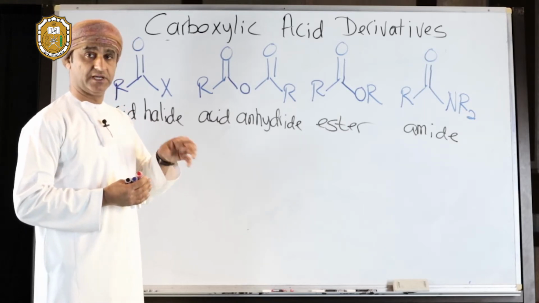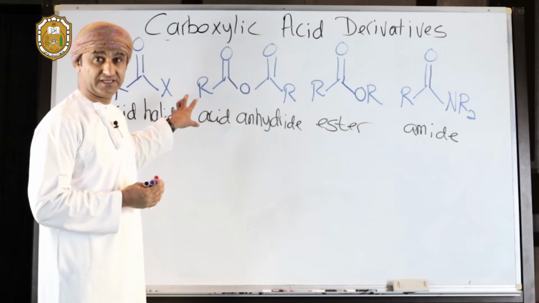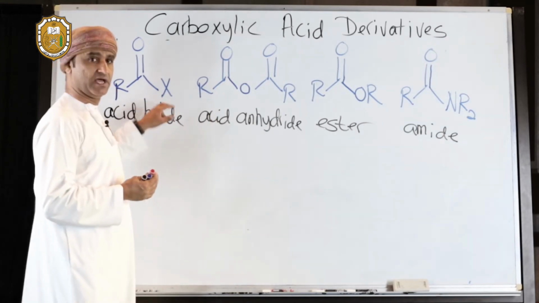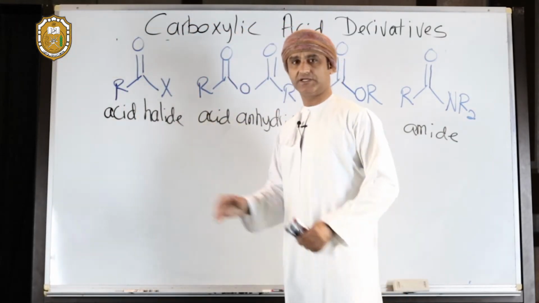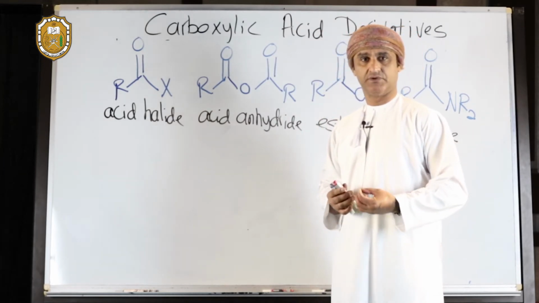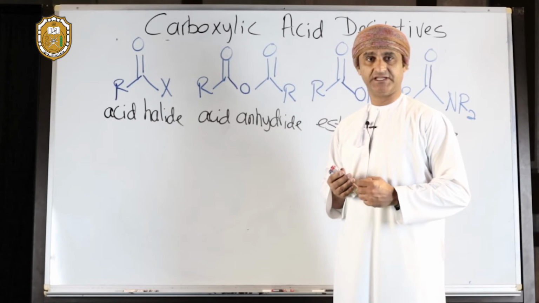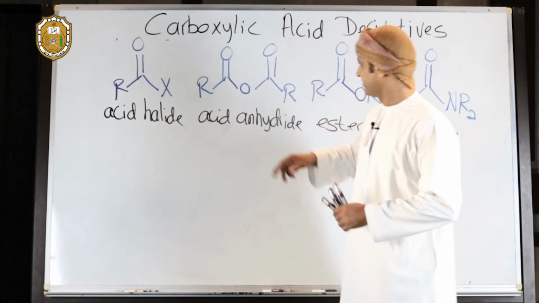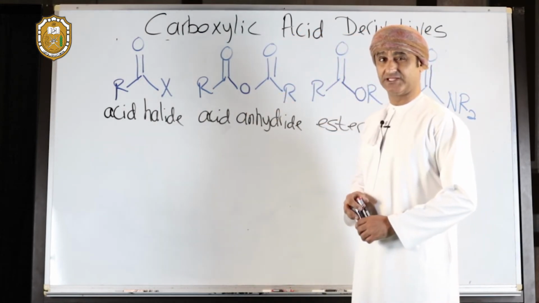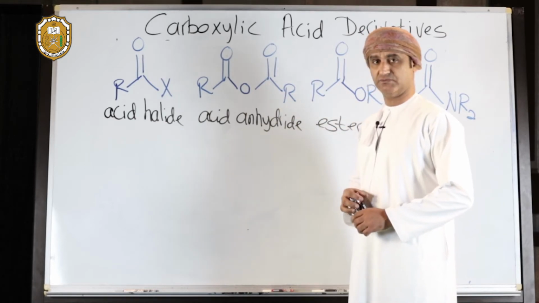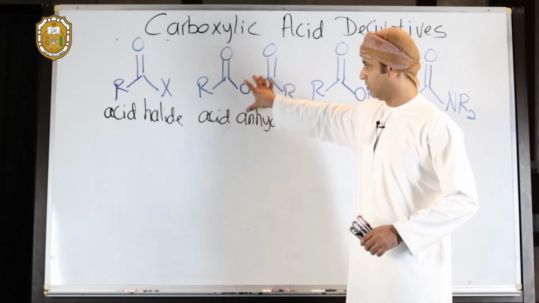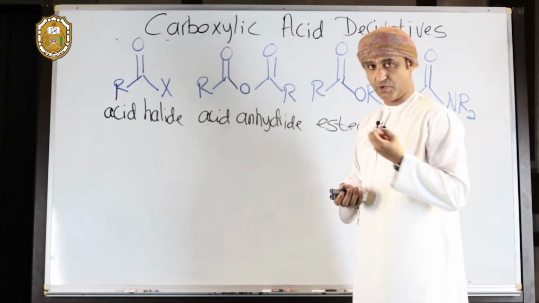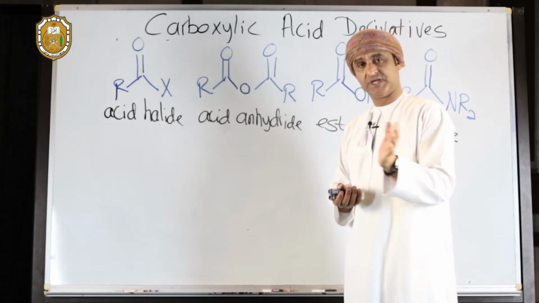So the difference really will only be exerted by Y, the other group, which makes them derivatives of carboxylic acid. So X here, halogens, for example. Of course, halogens are electronegative atoms, more electronegative than carbon, so they pull electrons toward themselves in this C-X bond. Oxygen is also more electronegative than carbon, so it pulls electrons toward itself in this C-O bond, but oxygen also has a lone pair, so it not only can withdraw by inductive effect, but it can also donate by resonance.